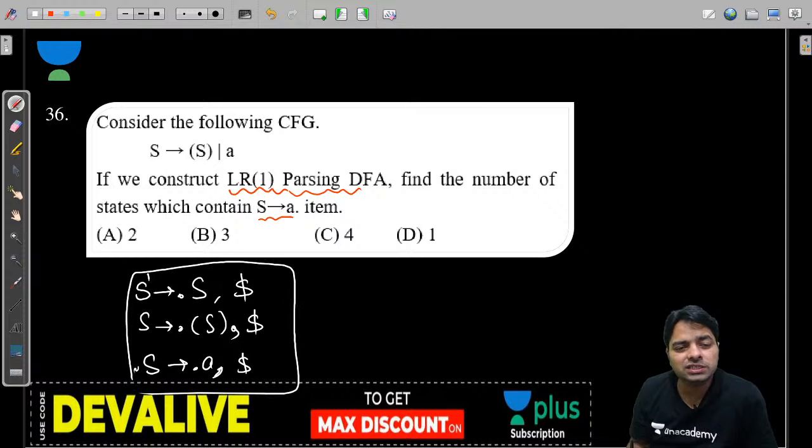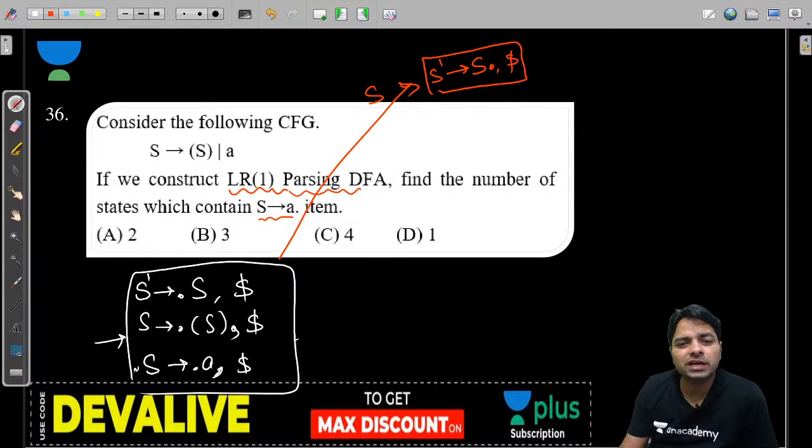Yeah, this is the initial state. And I'm just writing here S' → S dot. That's only one that comes there.